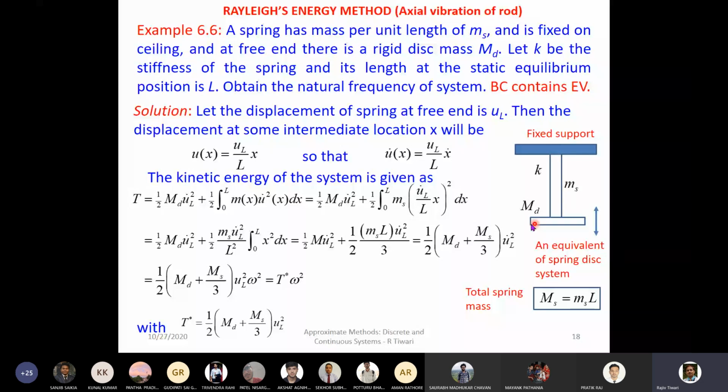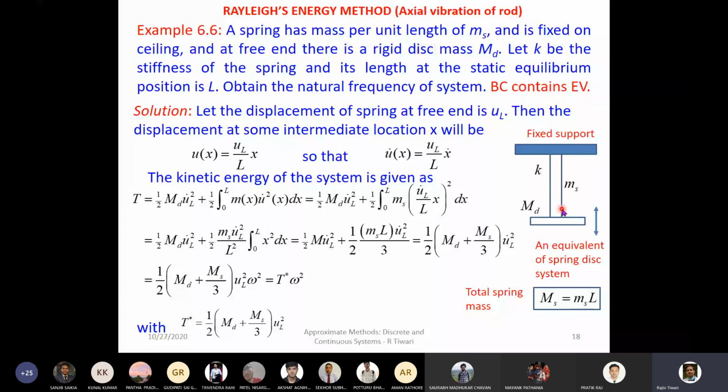The mass of the disk is md, and it is vibrating up and down as we generally consider for a spring. The length of the spring is L, so the total mass of the spring is ms L. So now the spring is a distributed or continuous system having continuous variation of mass, and the disk is there.